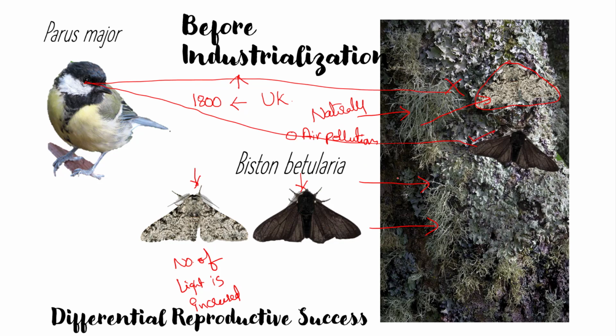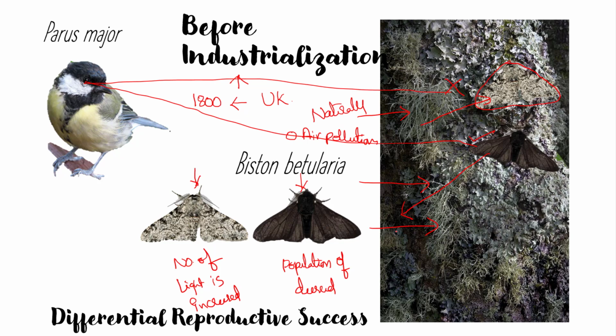So most of the predators preyed on the dark colored pepper moth, due to which its population decreased. It was not completely eliminated from nature, because it can manage when it falls on a location where it blends with the background color.